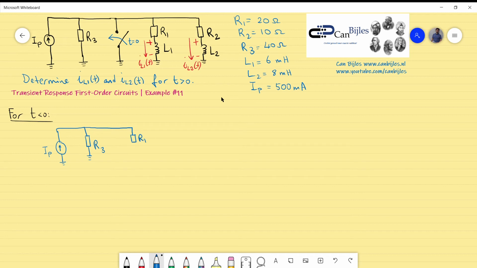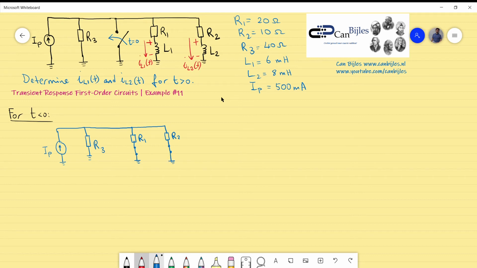And what we always do is consider the inductors, in this case and also in the next case, as a short circuit for the calculation of the initial value and also for the steady state value. So I will use a short circuit for L1 and also for L2.